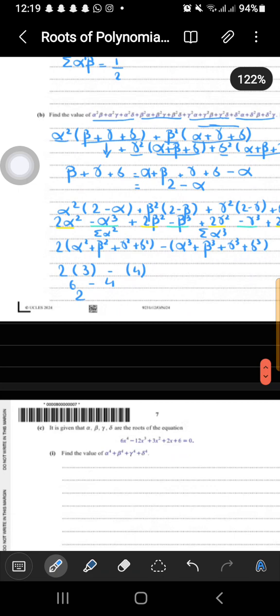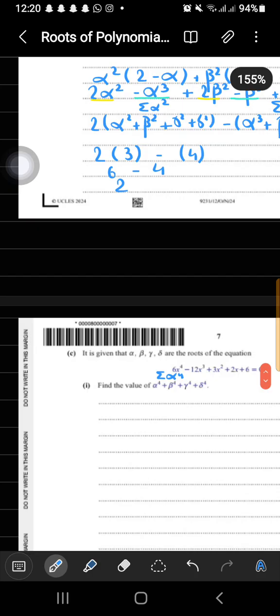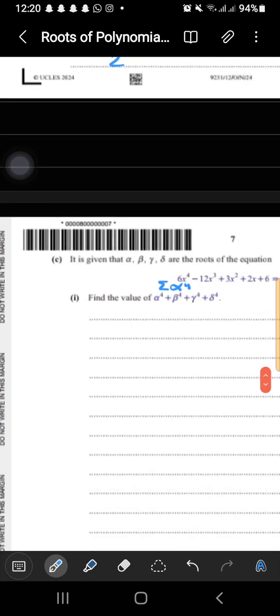We have to find summation of alpha power 4. There are different and multiple methods to solve this. We can use the formula of Sn, but I am using a different one. That's not a formula, that's a method which can lead to the answer, and it is acceptable in exams.